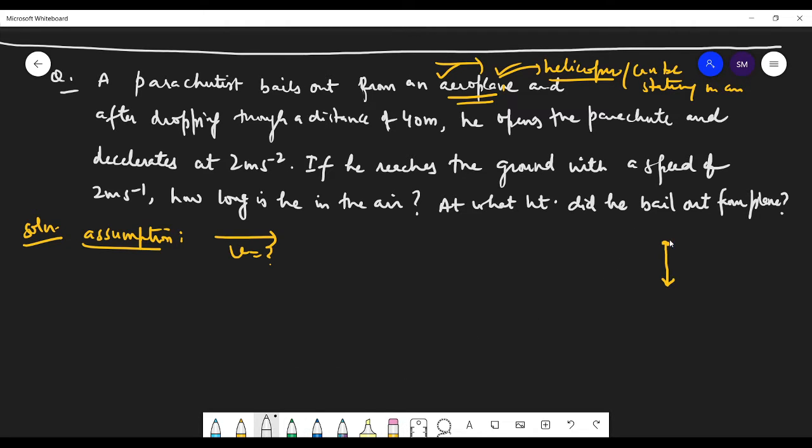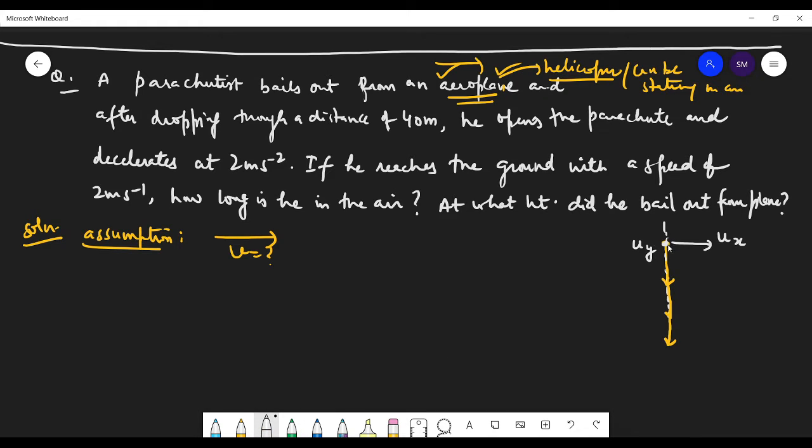Now the aeroplane is moving in this direction. This direction of velocity we will take as x direction, and this direction is y direction. We are studying vertical motion. If it is from the helicopter, it will come straight down.